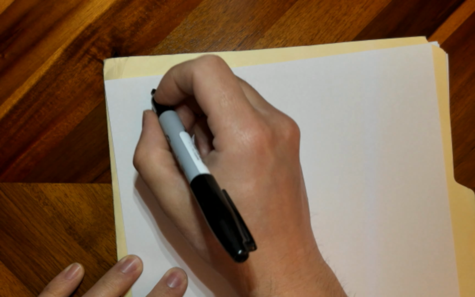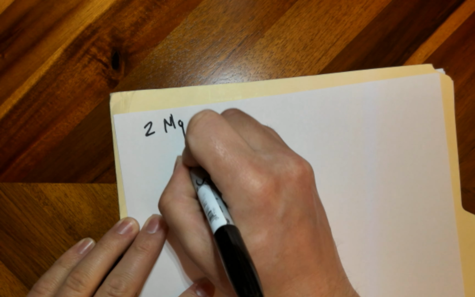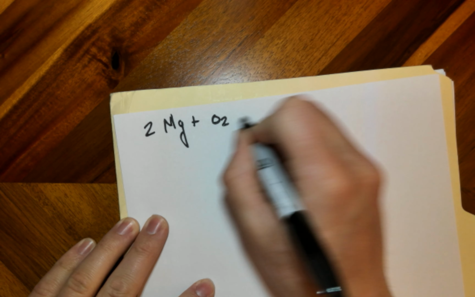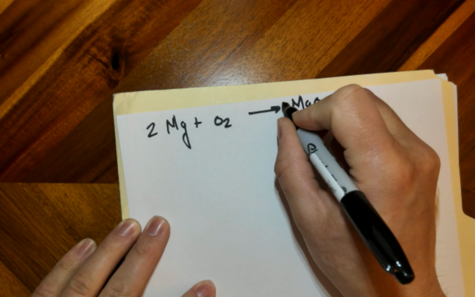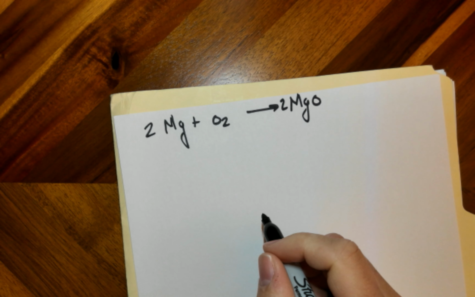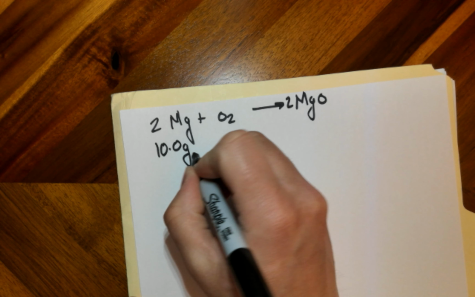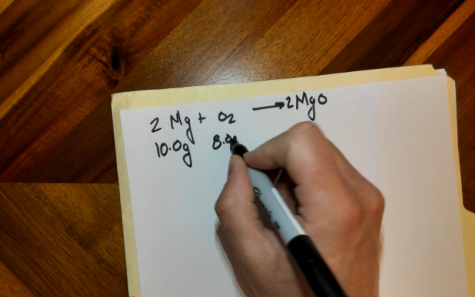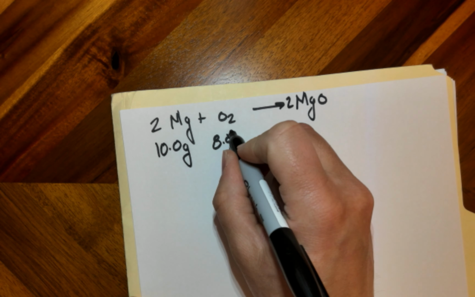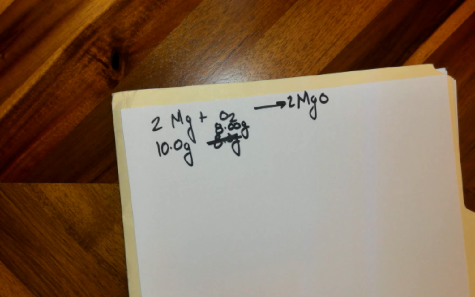So we have 2 magnesium and 1 oxygen yielding 2 magnesium oxide, and in this case we have 10.0 grams of magnesium and 8.00 grams of oxygen, right?